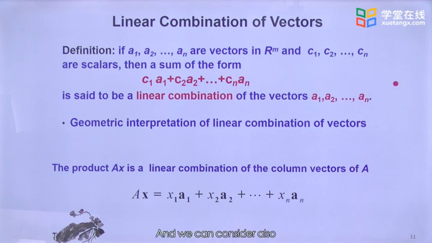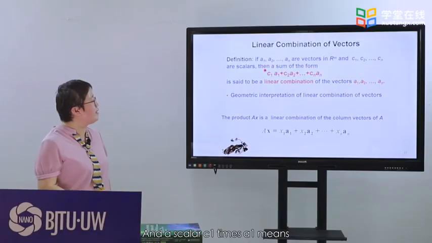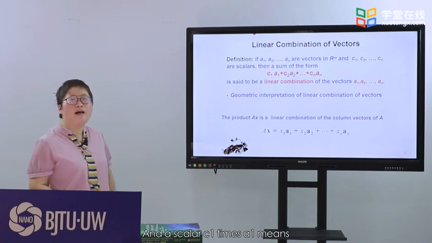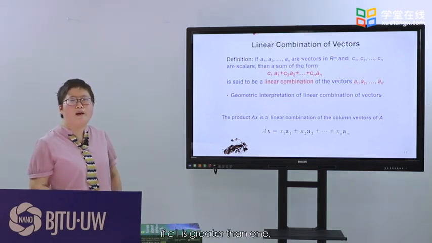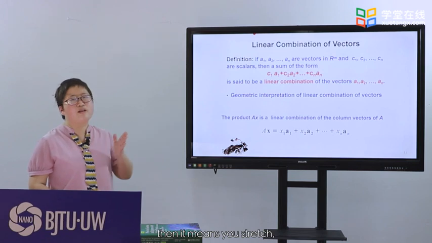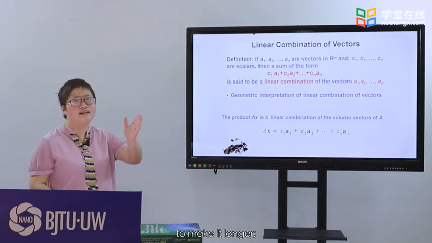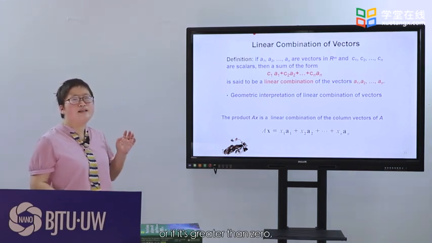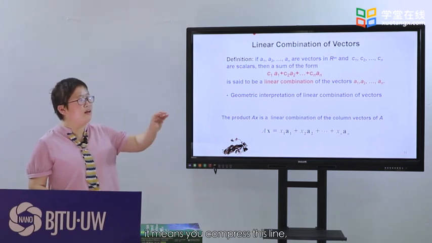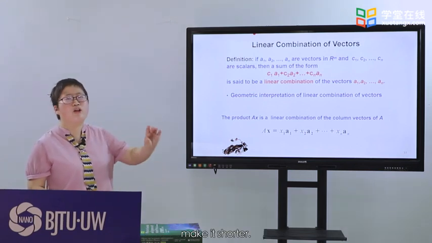And we can also consider the geometric interpretation of a linear combination of vectors. Say a1 is an m-dimensional vector; you can draw a line on the plane if it's two-dimensional. A scalar c1 times a1 means, if c1 is greater than 1, you stretch this line, make it longer. If it's greater than 0 and smaller than 1, you compress this line, make it shorter.